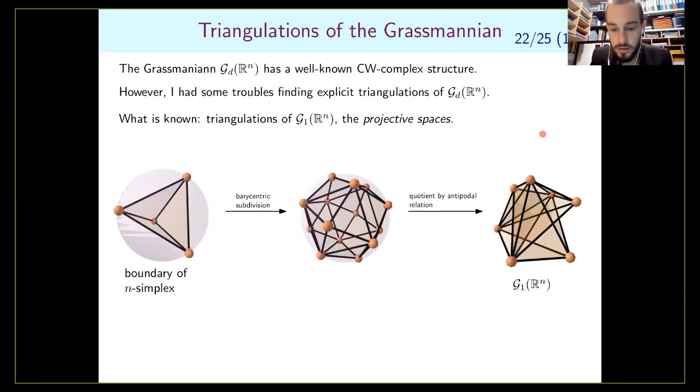And so yeah, the algorithm I propose at the end is limited to the case d equals 1. But if we had triangulation of general Grassmannian, we could try it. So this is why the examples before were only for the first Stiefel-Whitney class of my bundles.